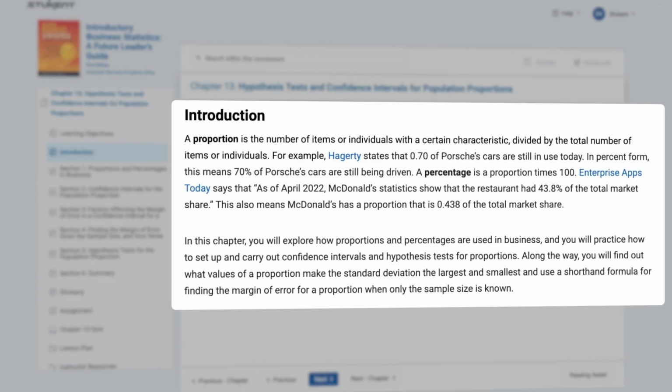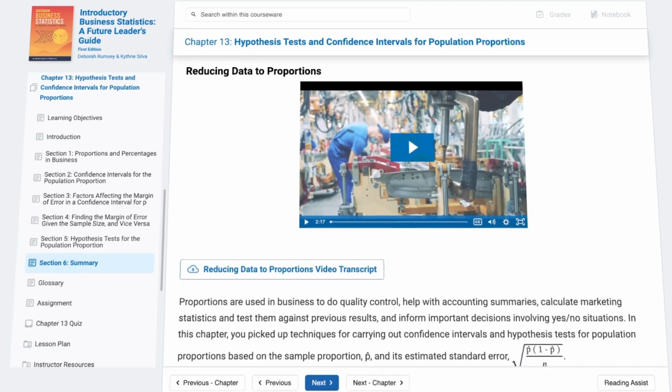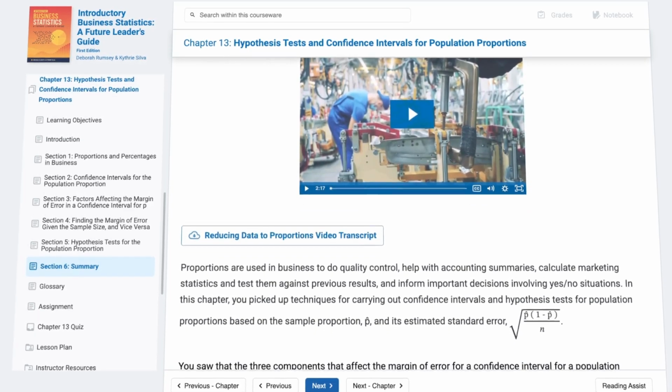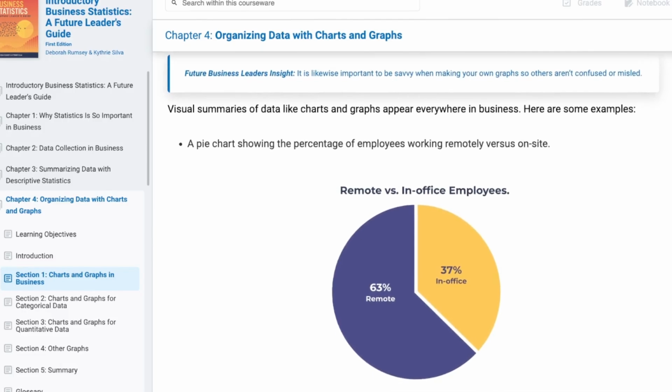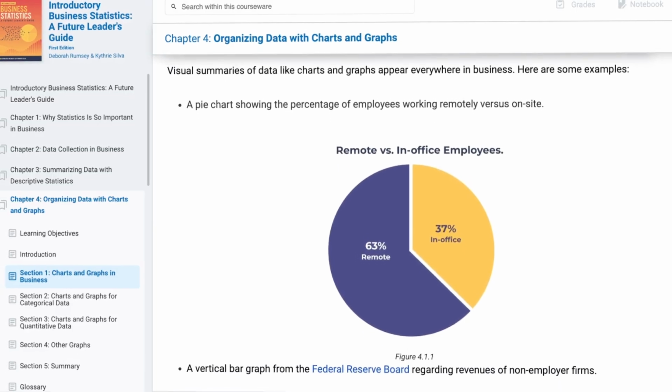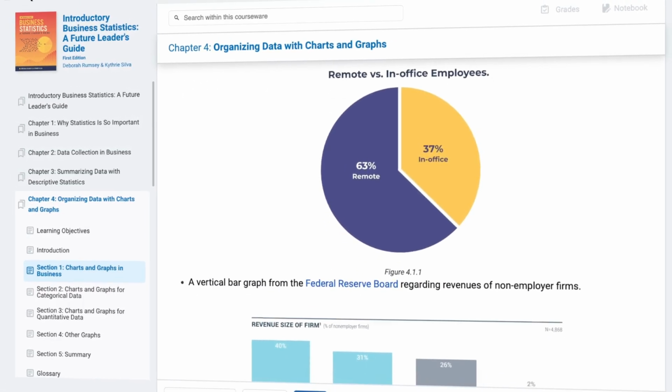We have 4 things that we believe differentiate us from the other business statistics books on the market. Number 1, the writing style is very clean, very clear, very concise, simplified. People can understand it and feel good about it. Number 2, there's a business intent all the way through the courseware. There isn't just statistics information and then business examples at the end.